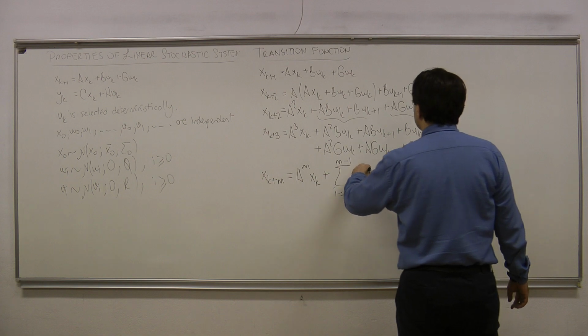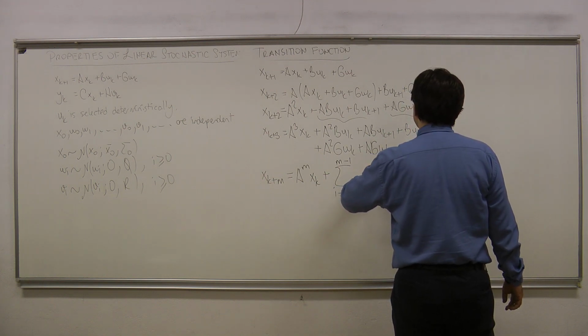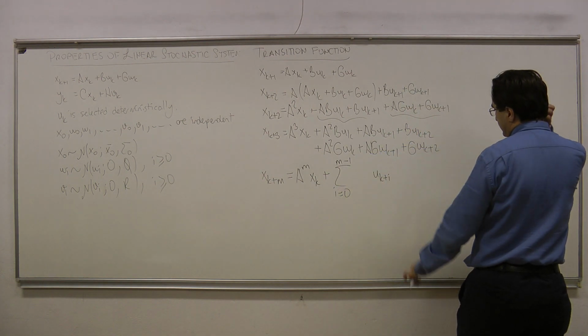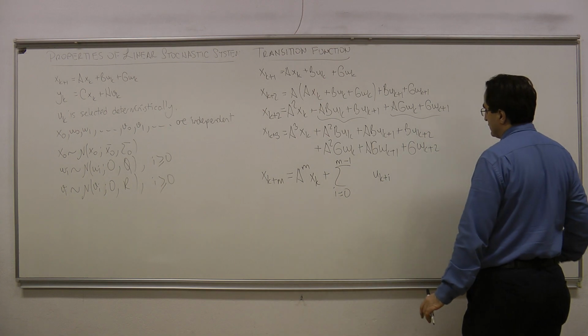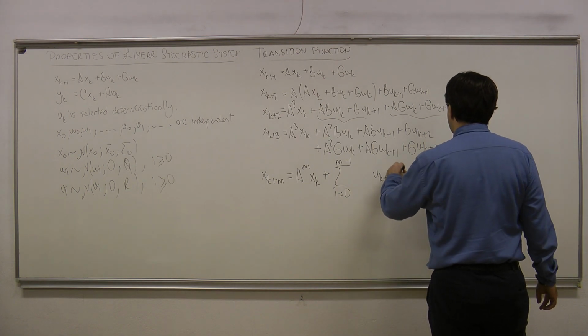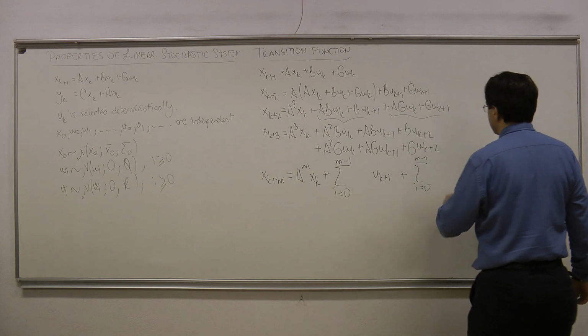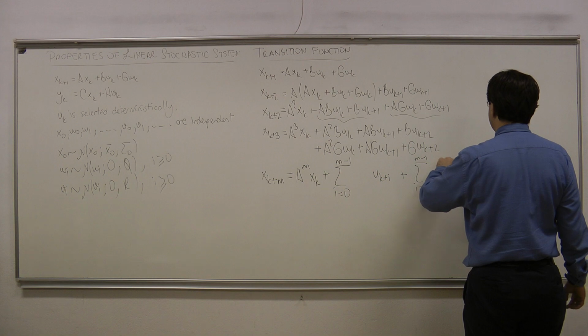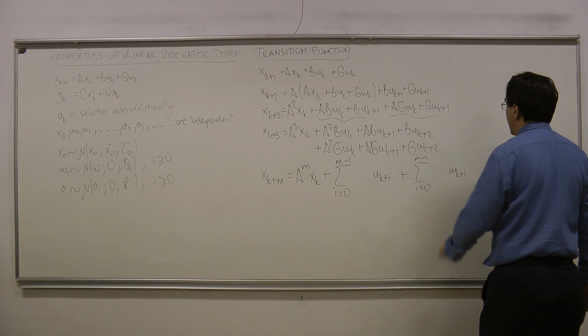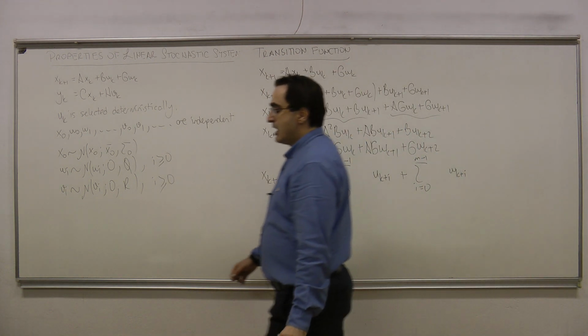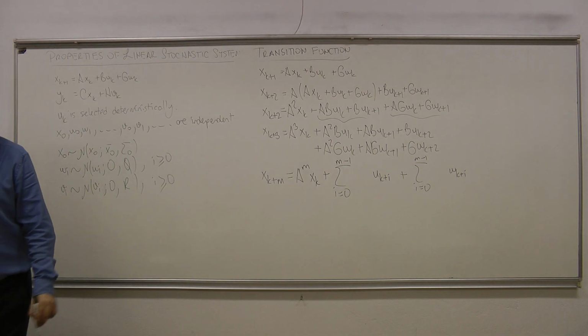Okay? And I would have here u_{k+i}. There would be some multiplying matrices here in the front. And I would put another summation, i from 0 to m minus 1. And in this case, I would have, again, w_{k+i}, and I would again have matrix multipliers.